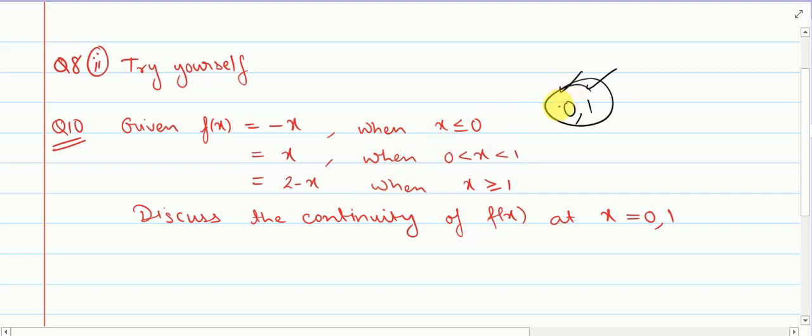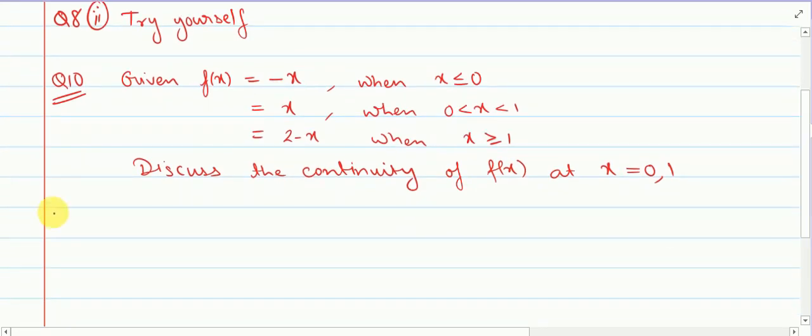Okay, so whenever we have to check the continuity, we are supposed to consider this point 0 and 1. So here they are saying discuss the continuity of f of x at x equal to 0. Okay, so solution for x equal to 0. Firstly, we are checking for x equal to 0.